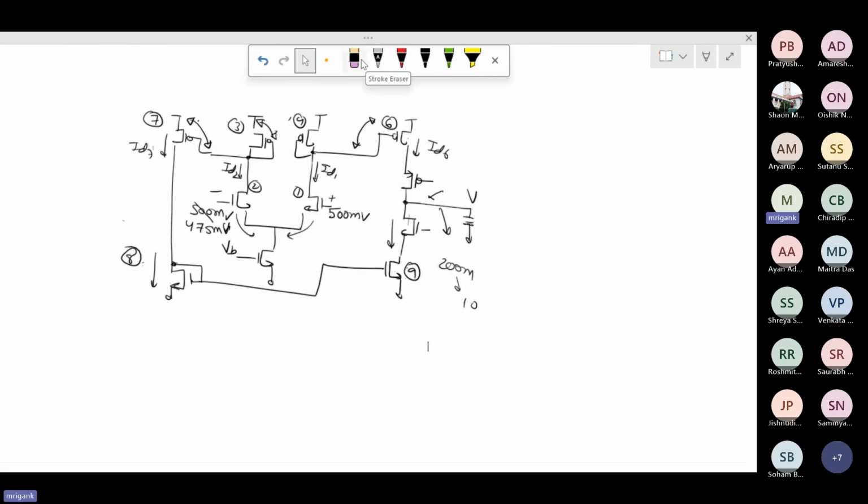So from the feedback point of view now, if I look at the actual feedback connection using a resistor that we are planning to do, this size can also be reduced, I guess.